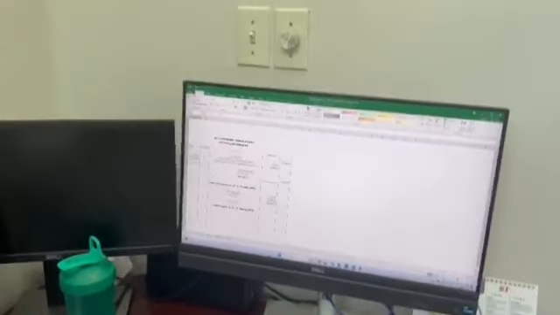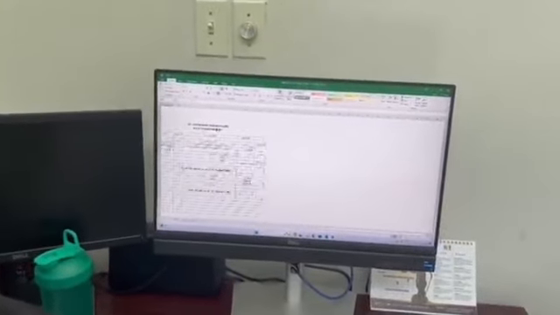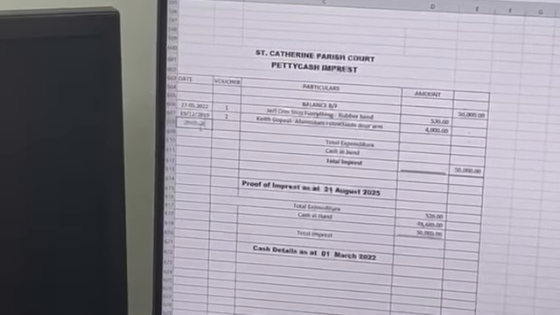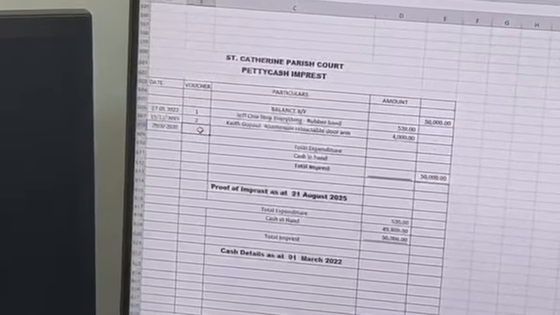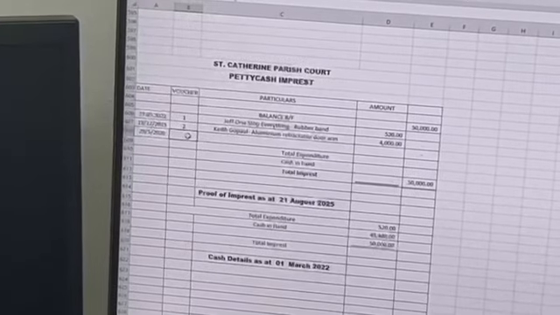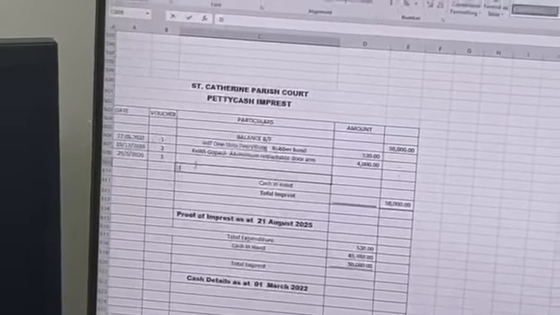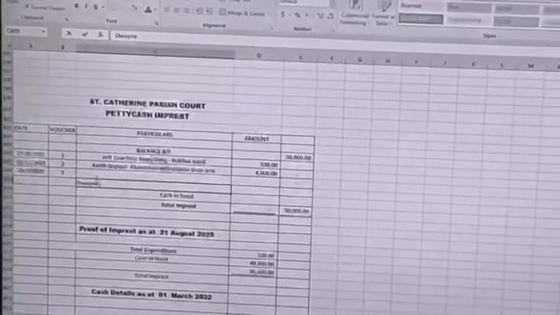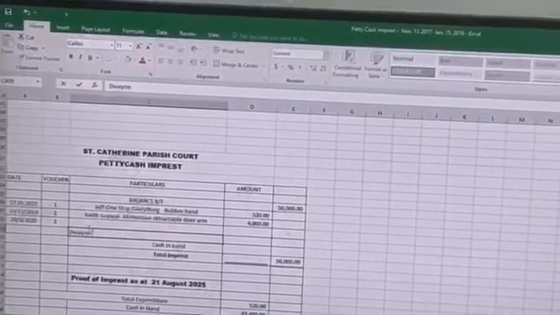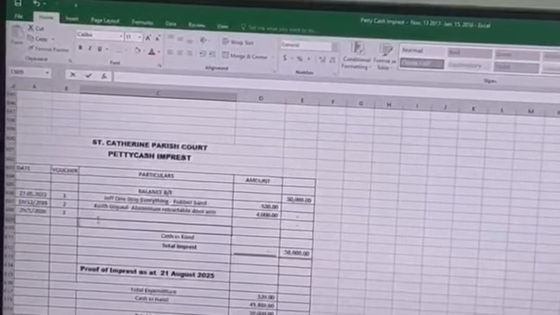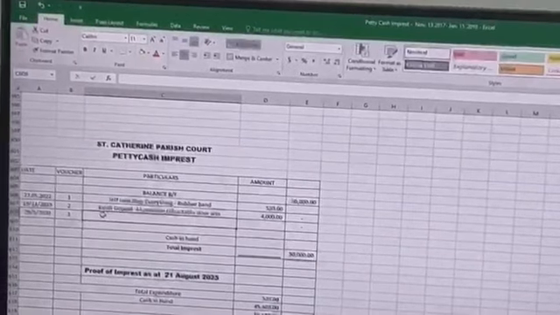I put the date on the invoice, which is... number 3. Invoice number 3. Wrong section.